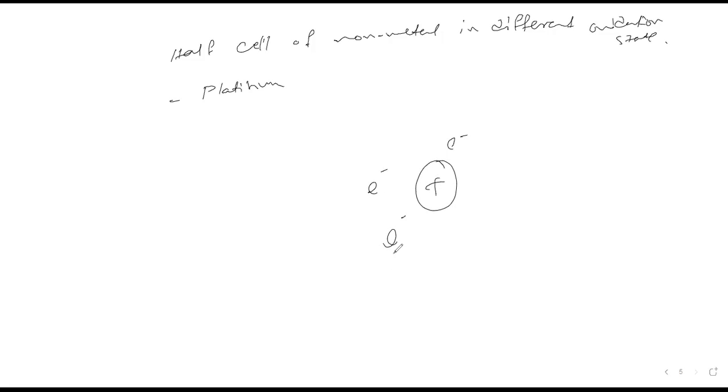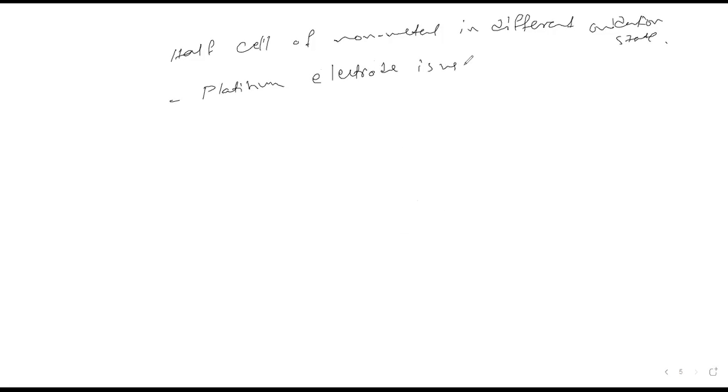That means they are free to conduct electricity. But non-metals don't have that convenience like the metals to conduct electricity. So a platinum electrode will be used for the conduction of electricity.